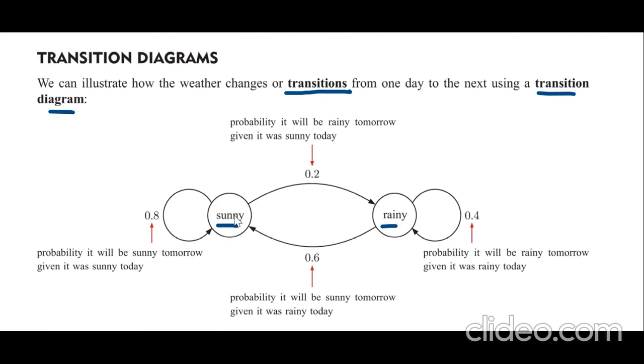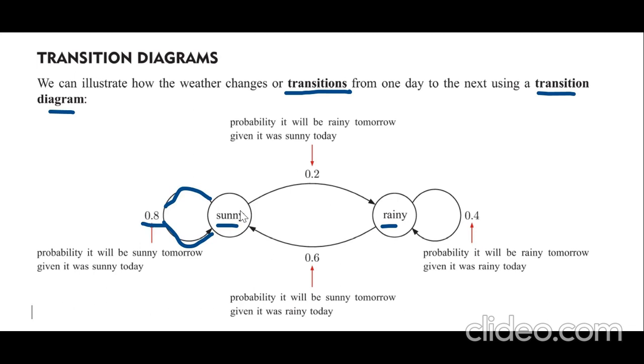The probability that the weather will be sunny tomorrow if it is sunny today: on both days it is sunny, sunny going to sunny. Understood? The probability of that is 0.8.